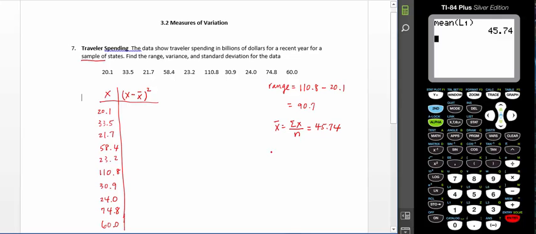So variance, the formula is S squared. S is the sample standard deviation. S squared is the sample variance. It is the sum of all the (x minus x bar) squared, divided by n minus 1.